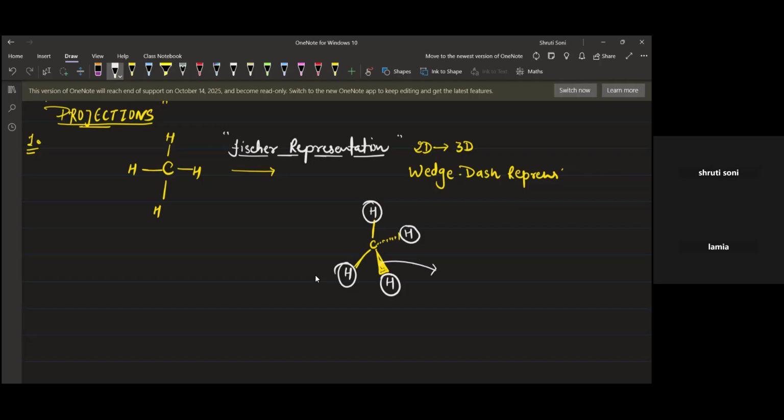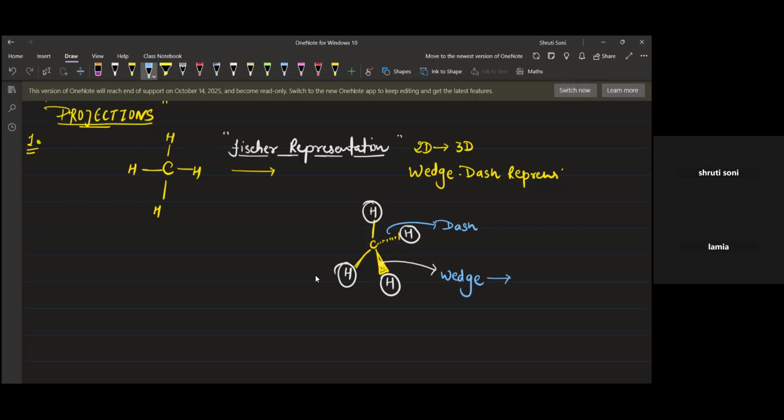This bond is known as the wedge bond, and this will be the dash. Let's suppose this is the plane molecule.